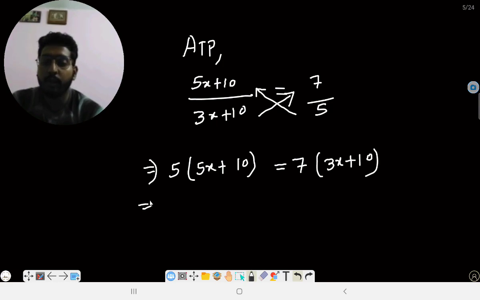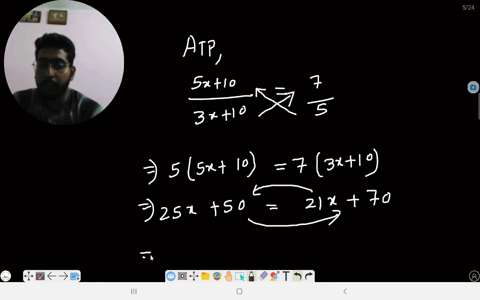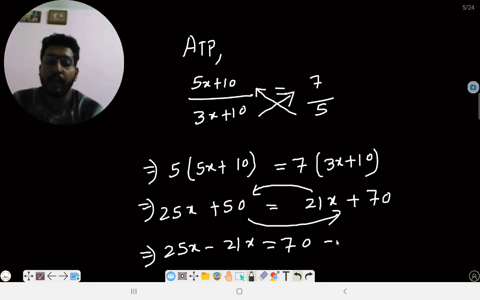So multiplying this, that will be 25x plus 50, and that is 21x plus 70. Now 21x will come here and 50 will go there, that means that will be 25x minus 21x equals 70 minus 50.